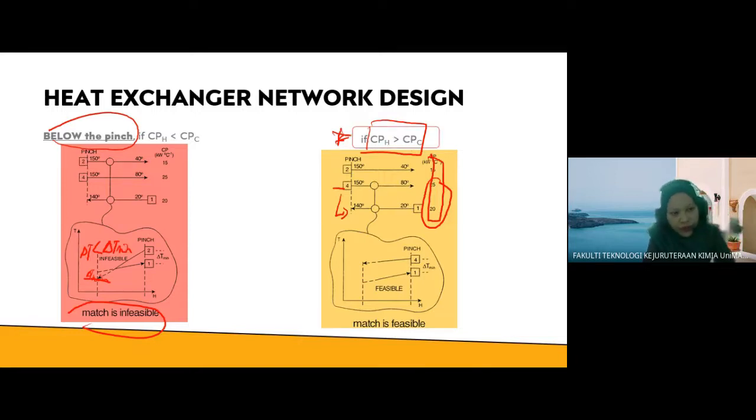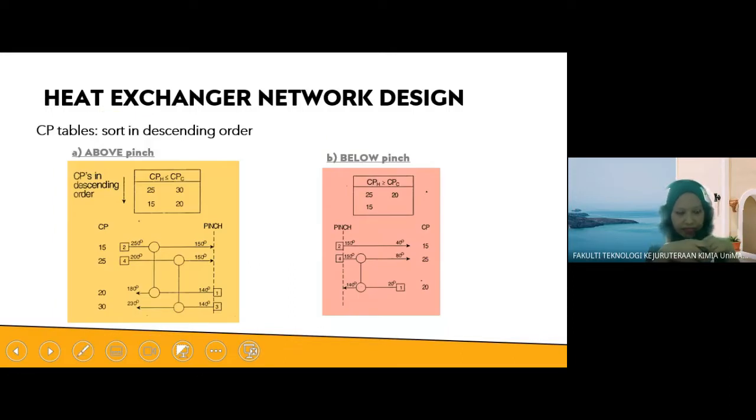First, of course, the first step is to draw the hot and cold streams, and then you divide the pinch into above and below the pinch. And then what's next? You need to sort the CP value in descending order. So you have your CP table here.